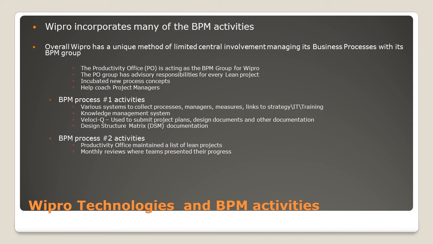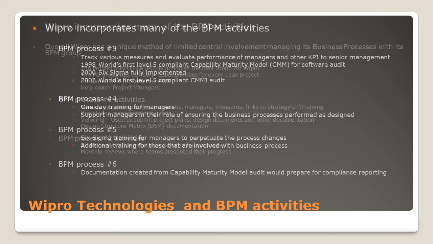As well, they use the DSM, or Design Structure Matrix, documentation for every project. Other examples found in Process 2 would be the Productivity Office maintaining a list of lean projects, as well as conducting monthly reviews where teams present their progress.